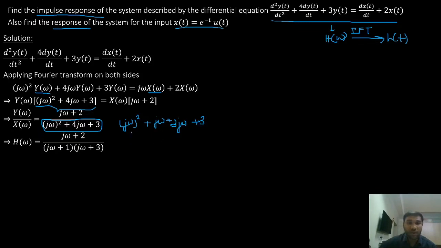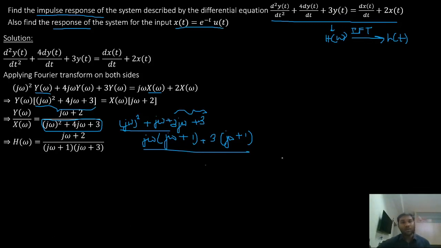Now j omega, if I take common in the first two terms, I have j omega into (j omega plus 1). In the third and fourth terms, if I take 3 common, I have (j omega plus 1). Now this is nothing but (j omega plus 1) into (j omega plus 3). And this is how I can factorize the given expression.